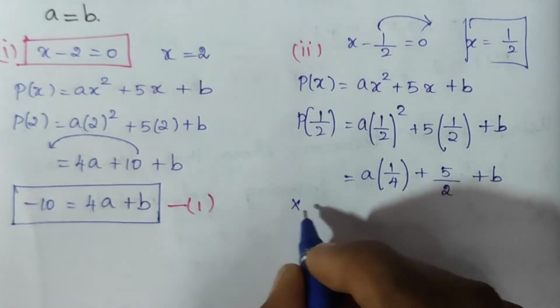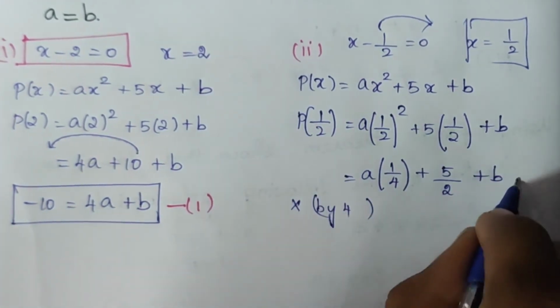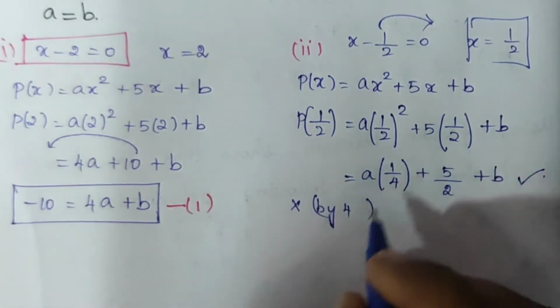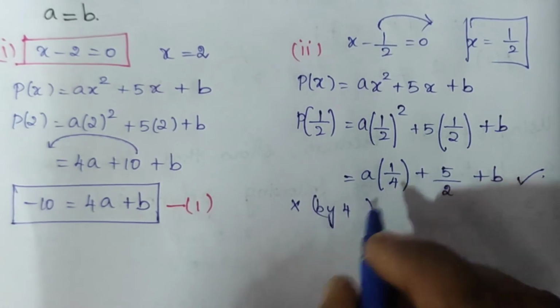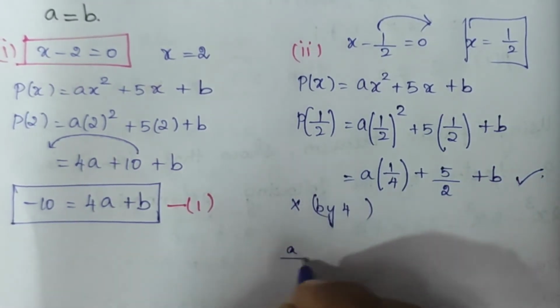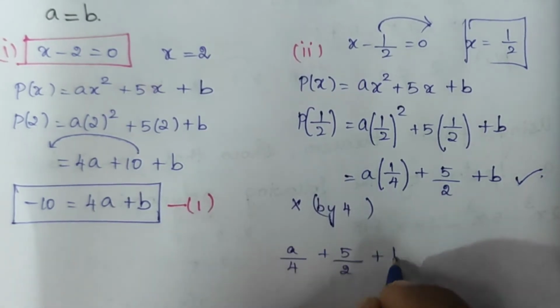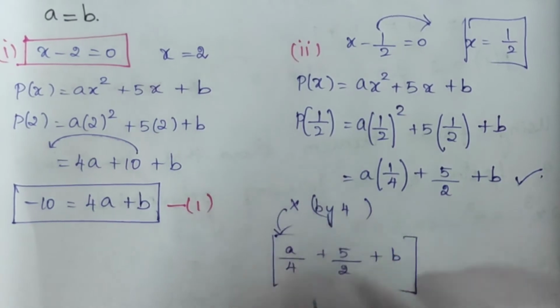So now multiply by 4. Okay, multiply this by 4 to cancel this, or you take LCM. Now I'm going to multiply this by 4 to cancel this denominator. So a by 4 plus 5 by 2 plus b, I'm going to multiply this by 4.